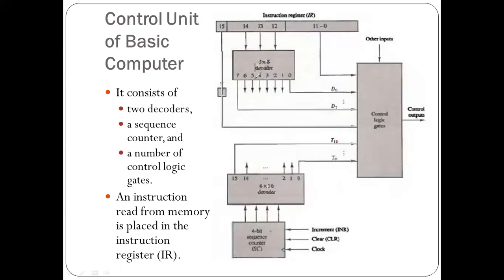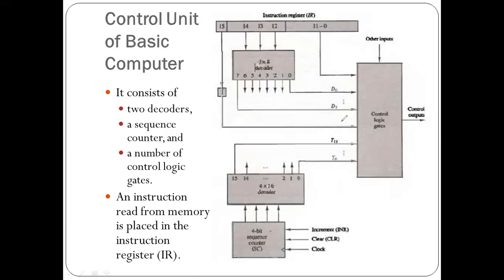Opcodes 0 to 6 relate to memory reference instructions, and bits 0 to 11 give the memory address. The most significant bit I, under a memory reference, specifies whether it is direct or indirect. If the decoder output is 7, it specifies whether it is register reference or IO reference.